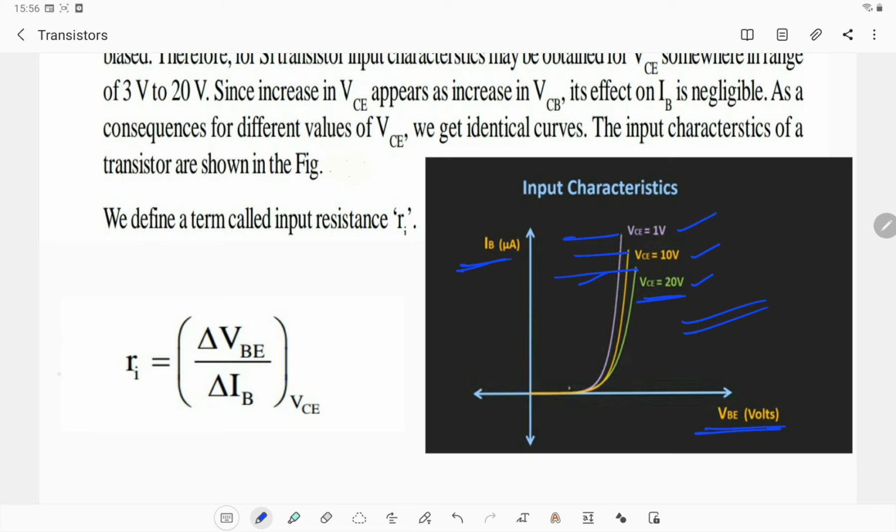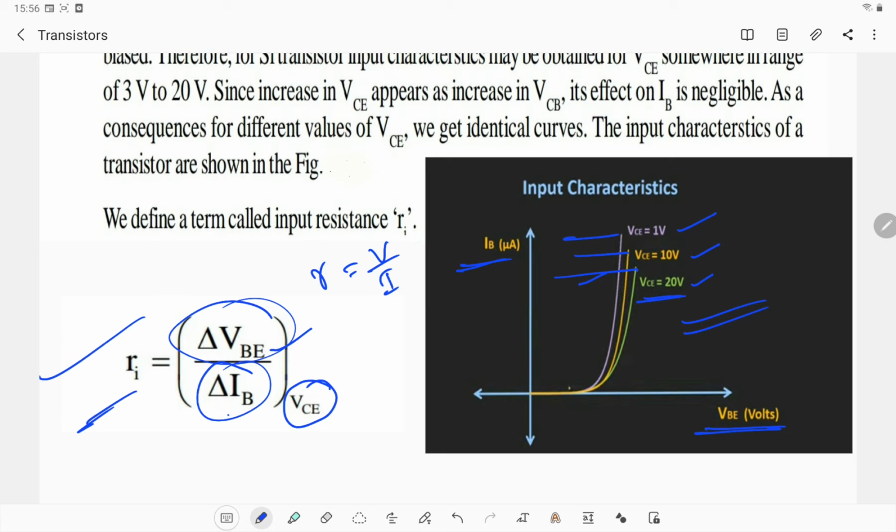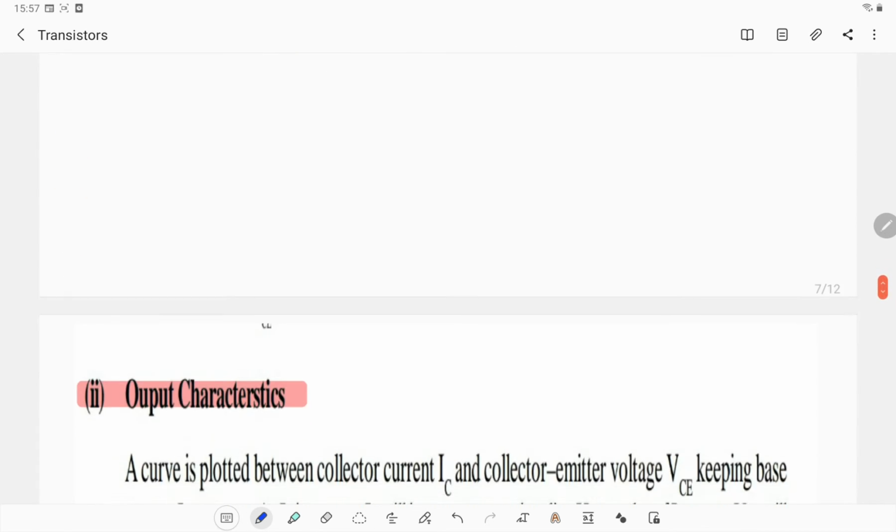Therefore, for input characteristics, there is the input resistance. Resistance is equal to potential by current. The input potential change is delta VBE, the input current change is delta IB, and the potential of the output circuit is constant. This is nothing but the input resistance.